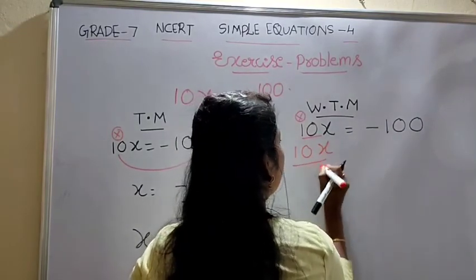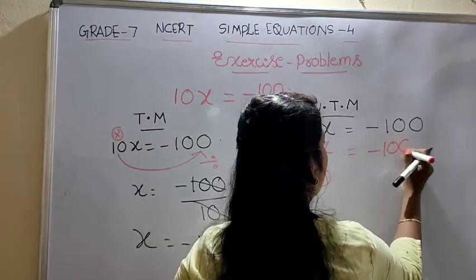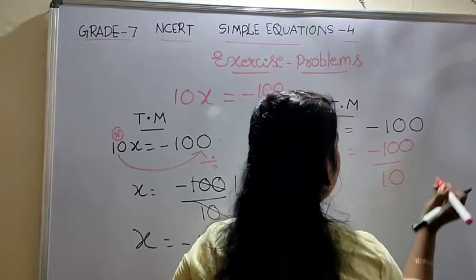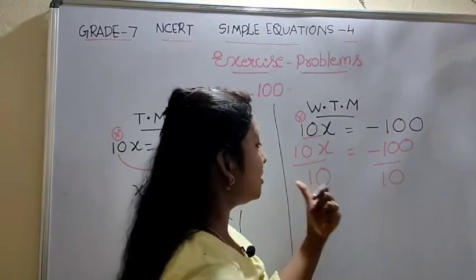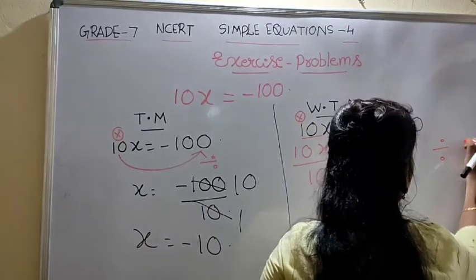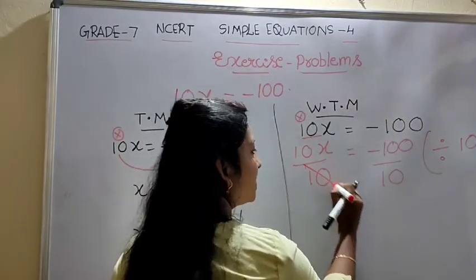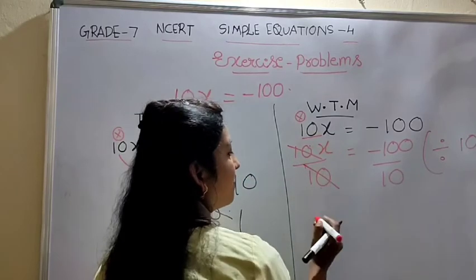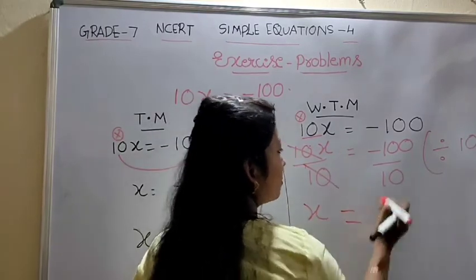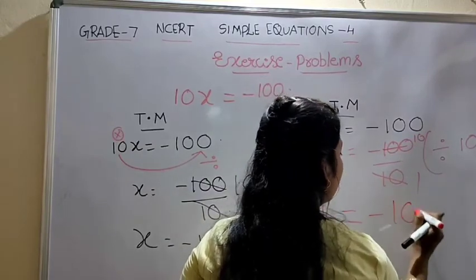So let us divide it. 10x divided by 10 equals minus 100 by 10. Here we are dividing 10 on both sides, so 10 ones, 10 ones. So x equals 10 ones 10, and 10 tens 100. x equals minus 10.